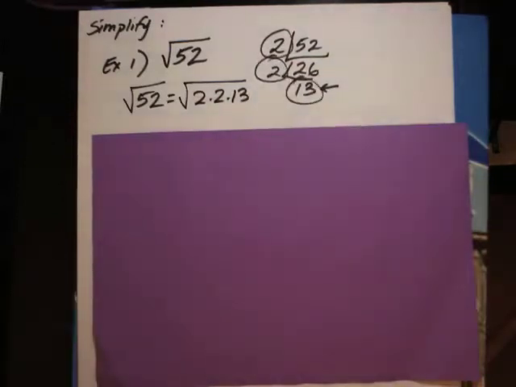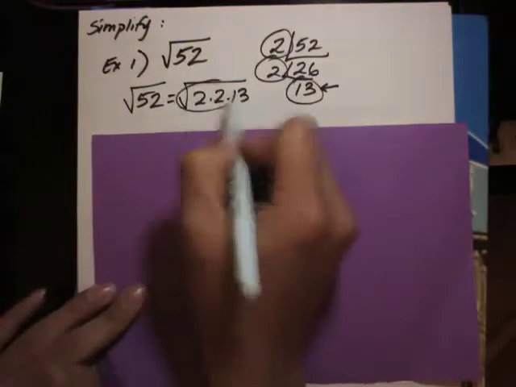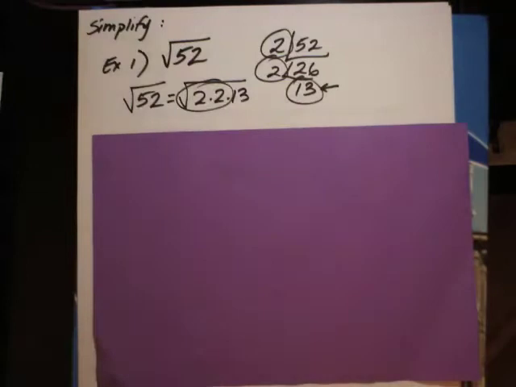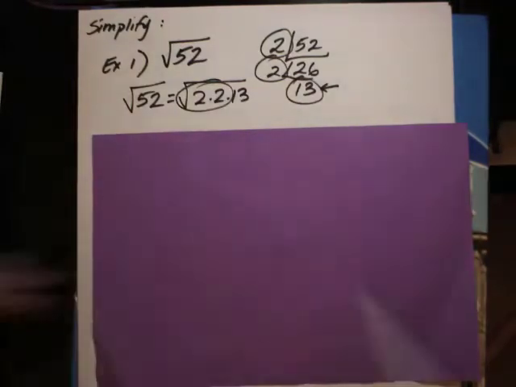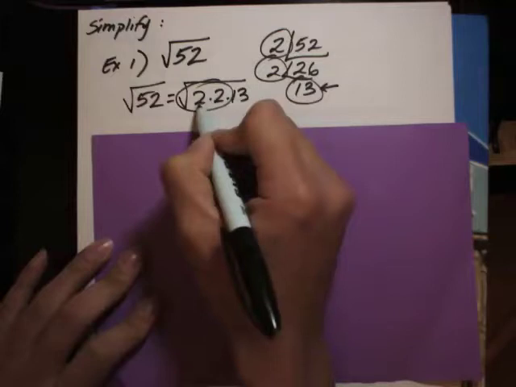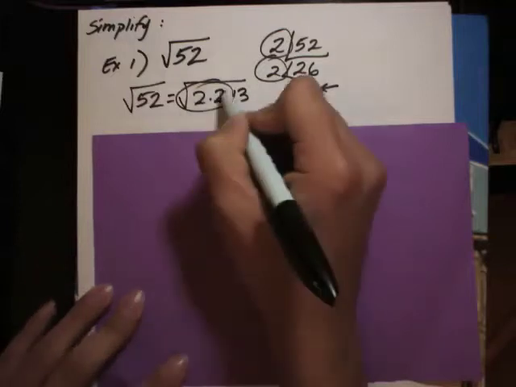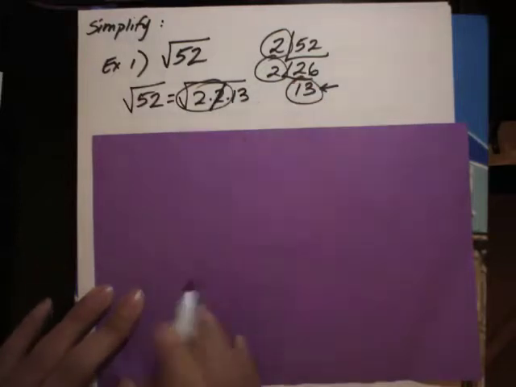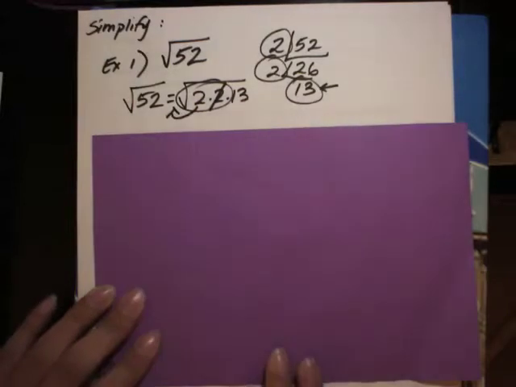Okay, so when you are simplifying radical expressions, what you're looking for is the pair, because you remember perfect squares, 2 times 2 is 4, so the square root of 4 is 2. So since we have this pair, what we're going to do is circle that pair. One of them you can cross out, and the other one you will take outside of that radical sign.